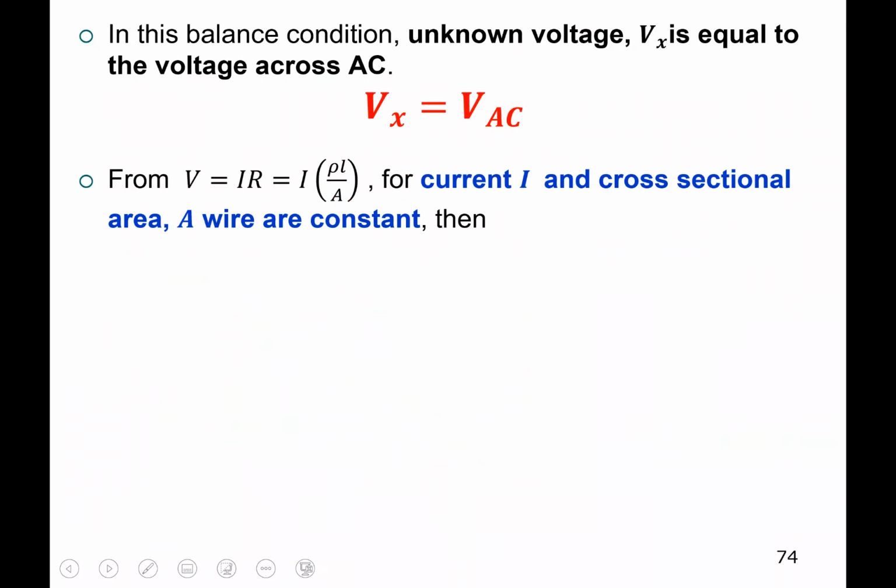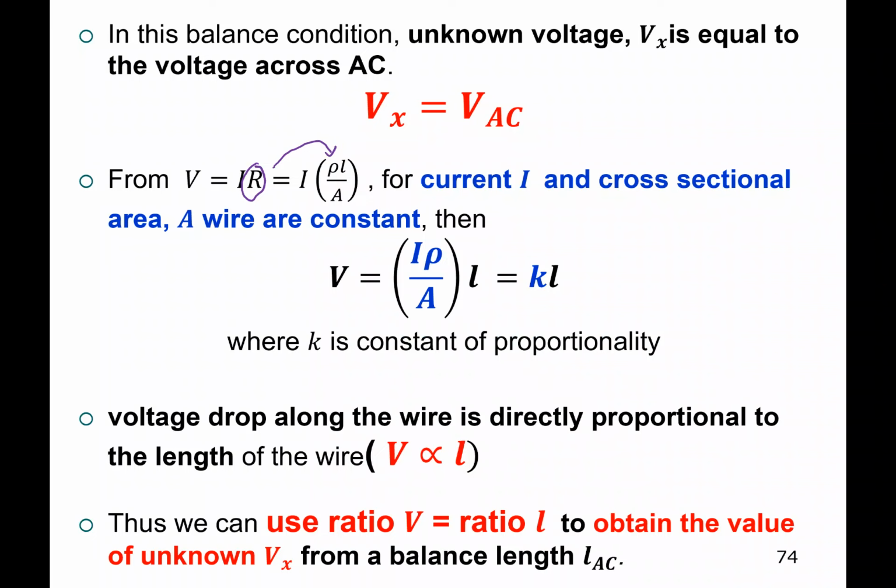From the equation V equals IR, and we know R is equivalent to rho L per A, where A is the cross-sectional area, we get the relationship that voltage is directly proportional to R, and it is also directly proportional to L. So there are two relationships we can use to solve the potentiometer problem.